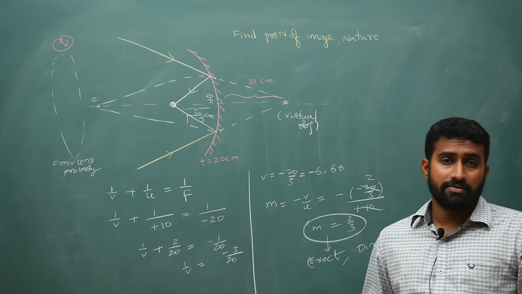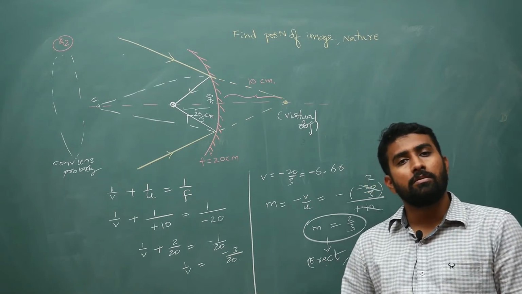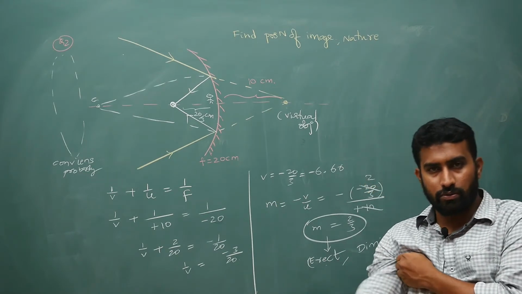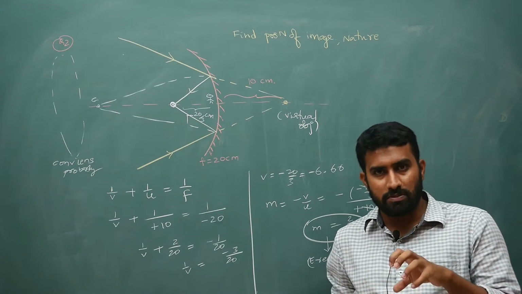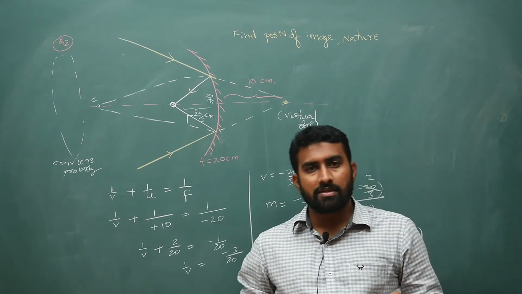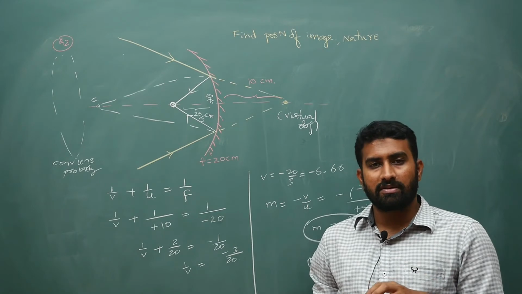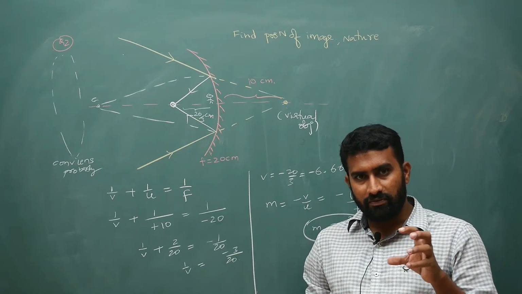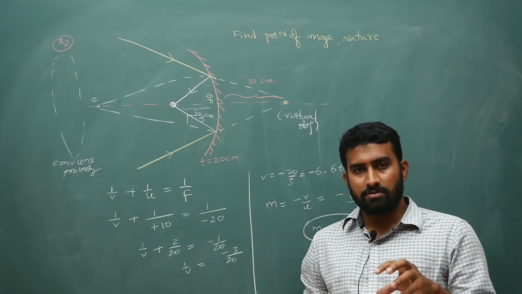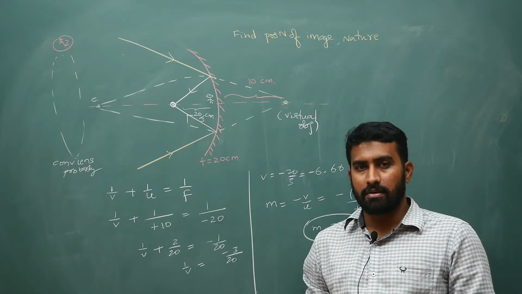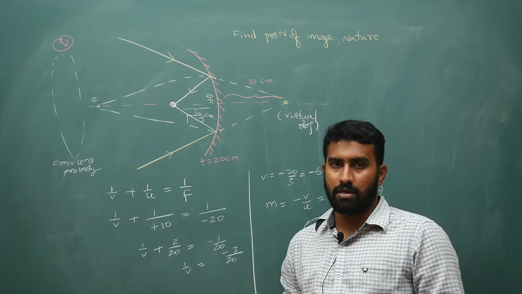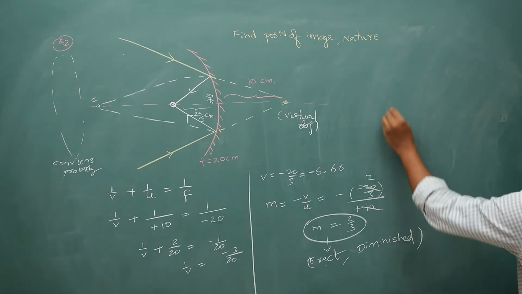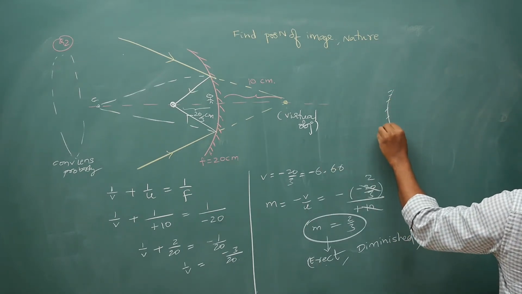Now, this idea is very important because in the combination of mirrors that I am going to do next, we will get virtual object scenarios. Image of first mirror will act as object for second, okay. So, the image of the first mirror will act as a virtual object for the second mirror, which you will see later. So, my point is, if you have a combination of mirrors, later you will get questions like this.